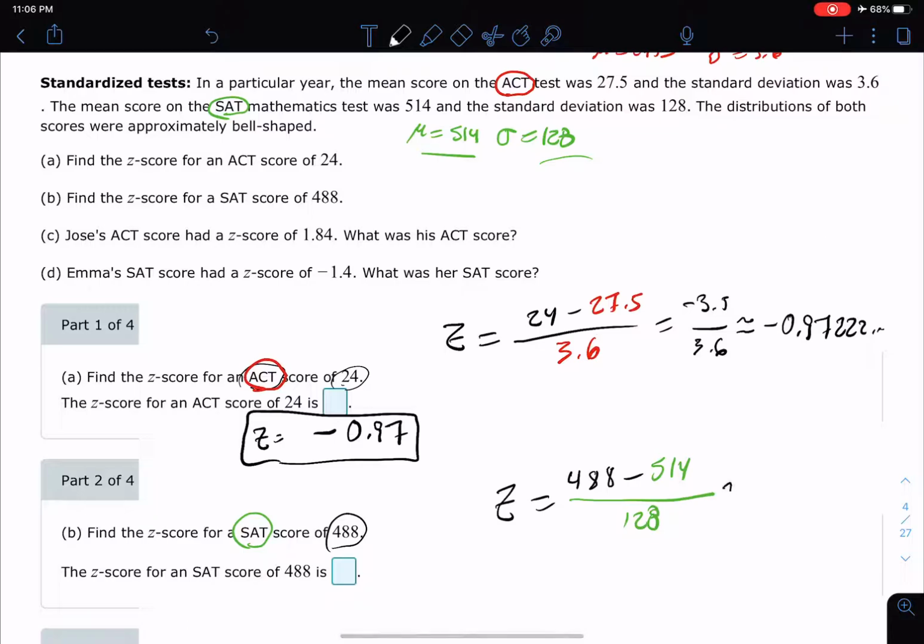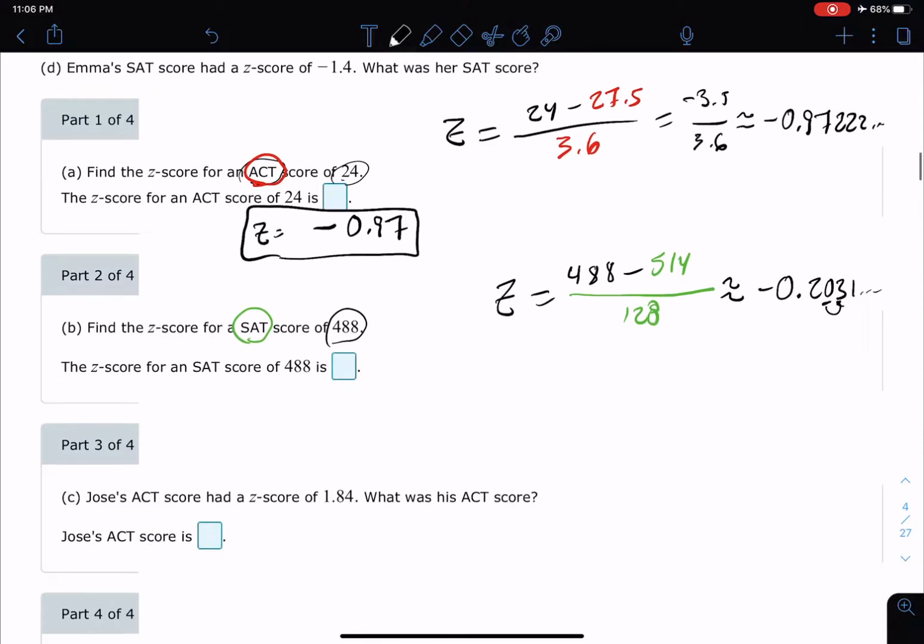And when I put it in the calculator, I get this decimal value that keeps on going, negative 0.2031, and so on. Let's round it to 2 decimal places. So we look at the 100th, and I got a 3 next, so it's just going to be 0.20. Of course, because that's a 0, you could just write it as 0.2. It's the same thing, right?